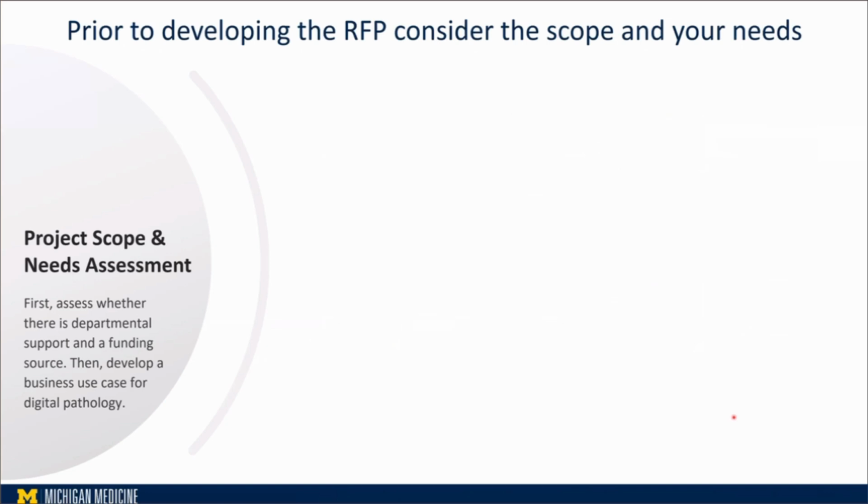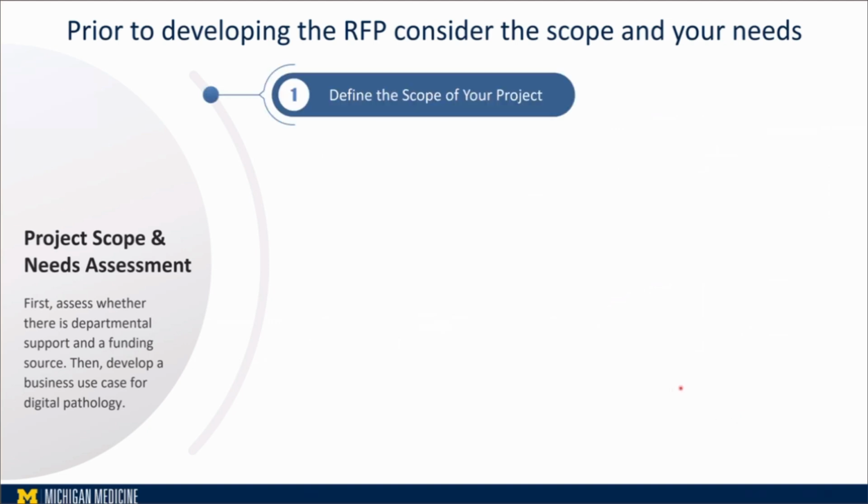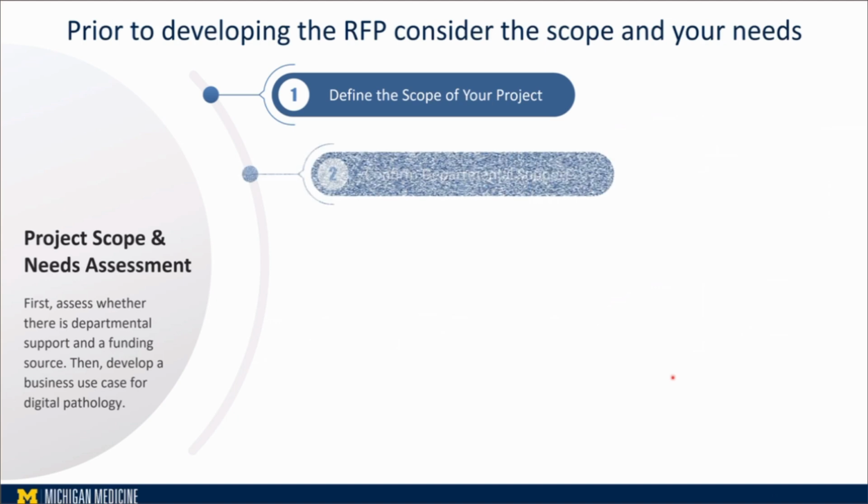So prior to developing the RFP, which is the request for proposal, there are things you really need to consider, for example, the scope and your needs. These are the things I'm going to share with you, how we built it and how we moved into digital. First of all, you need to define the scope of your project and confirm the department support.